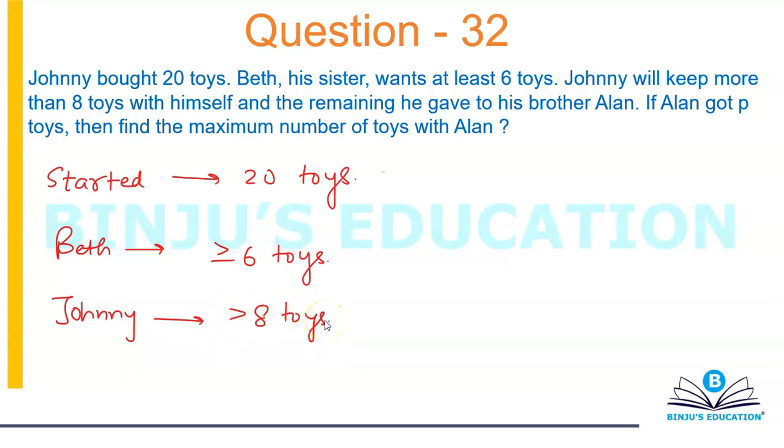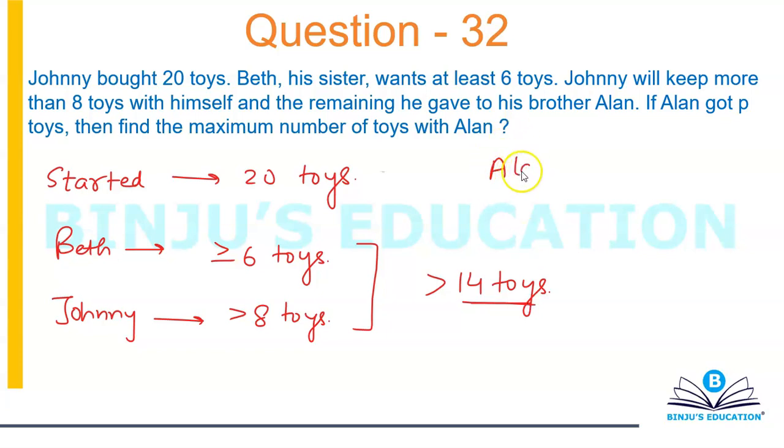So I can say that the total with Beth and Johnny will be greater than 14 toys. Okay, because in case of Johnny, it's not at least, it's greater than 8. So 8 plus 6 is 14, but since for Johnny you have greater than 8, that will automatically become greater than 14 toys. Now Johnny gave the remaining to his brother Alan.